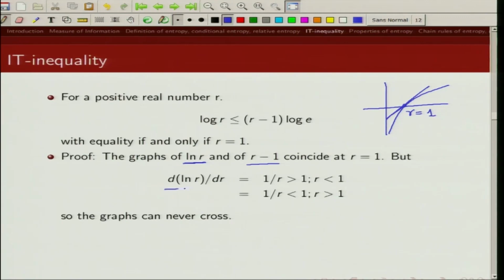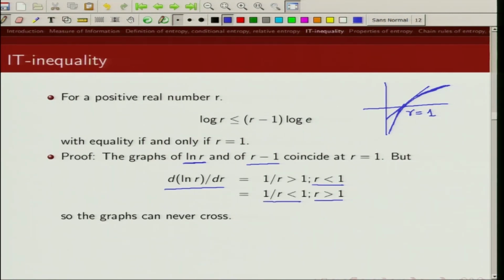If I consider the slope of the natural log, for r less than 1 the slope is greater than 1, and for r greater than 1 the slope is less than 1.